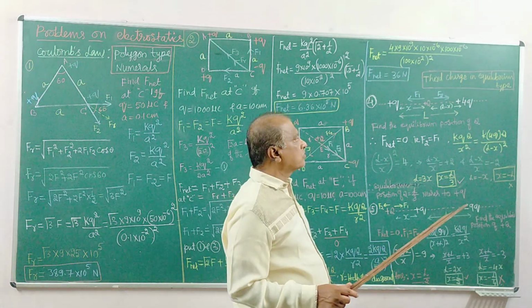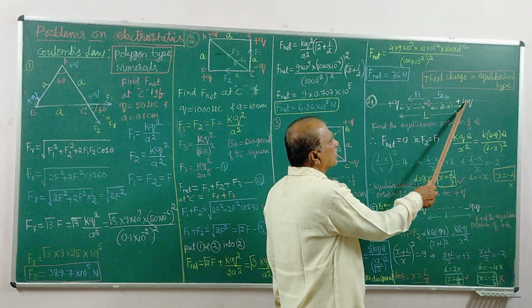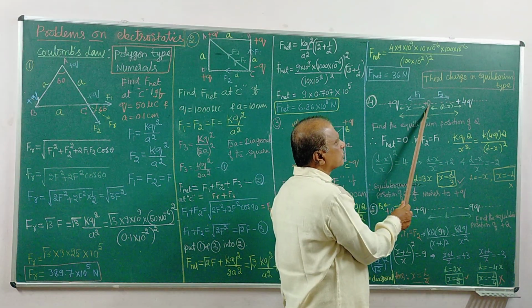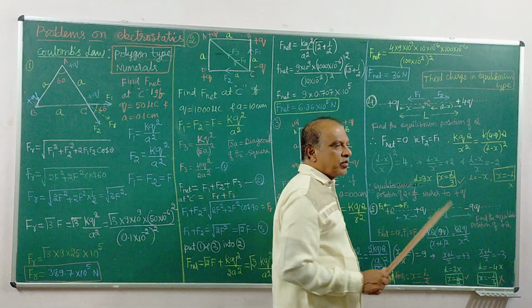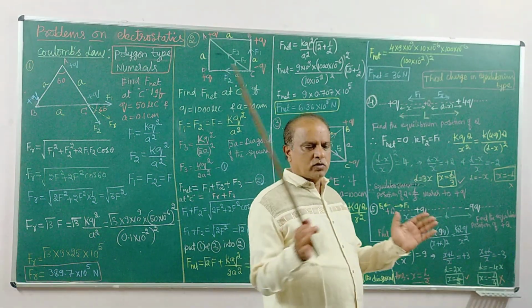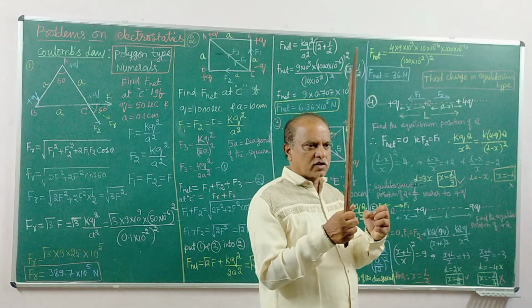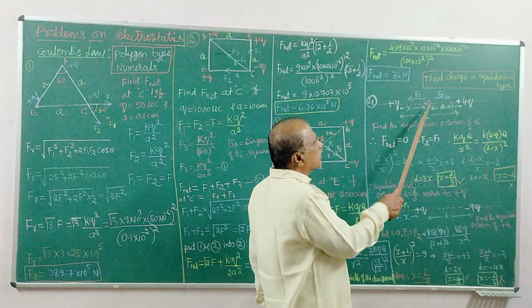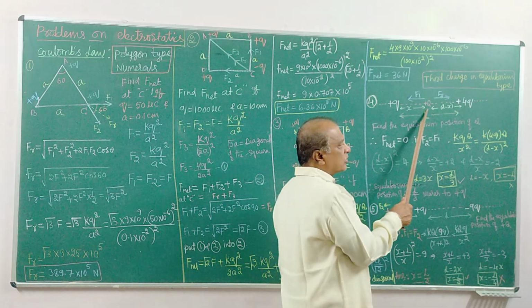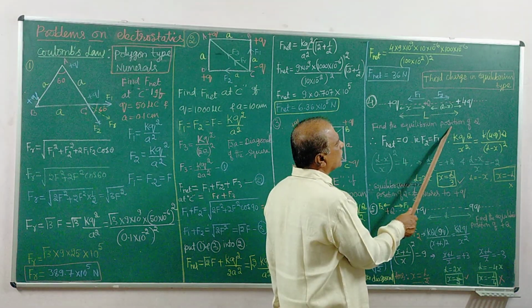The point on this line at which the net force on this charge is 0. That is called equilibrium. Equilibrium means never move, stand still. Two forces are acting in both directions, keeping this charge at the same position without moving. That is called the equilibrium position.